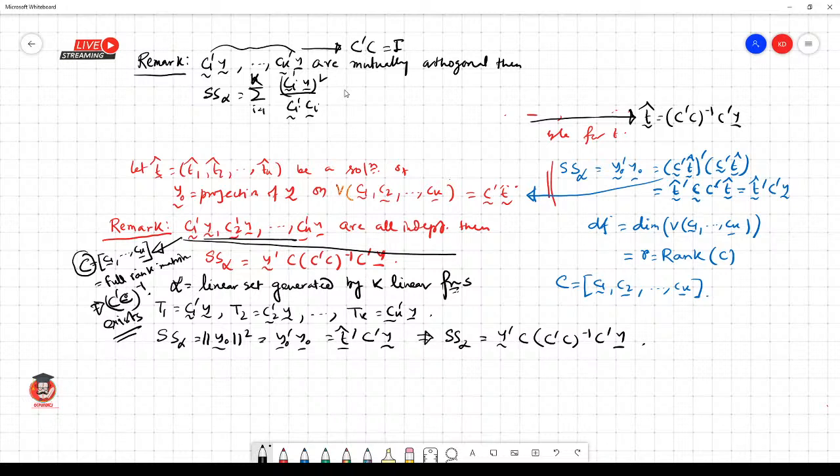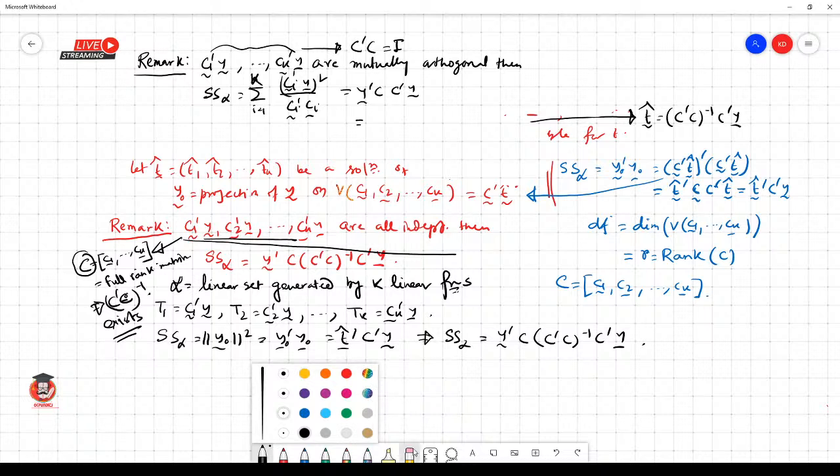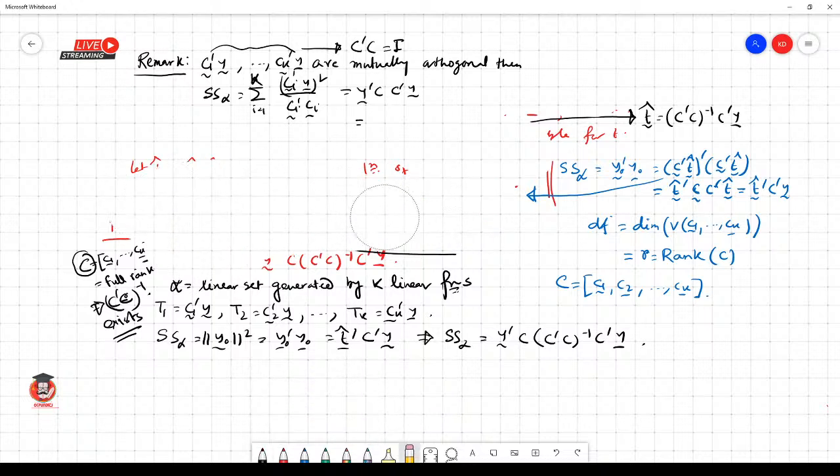So this means y curl prime C prime y curl. So that is equal to, actually not I. You need to normalize these things. If you assume this is mutually orthonormal, then this is I. Otherwise, I erase this portion fast.